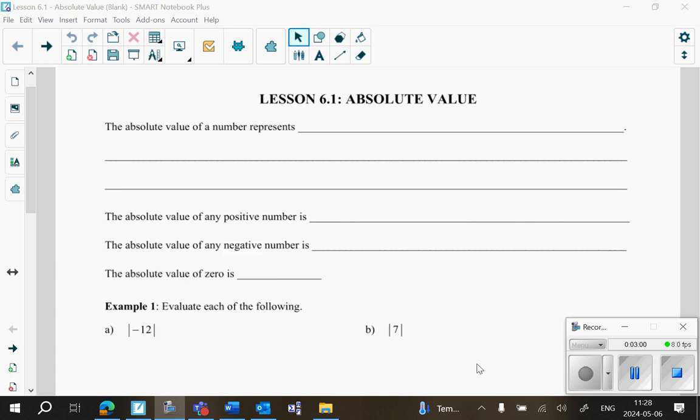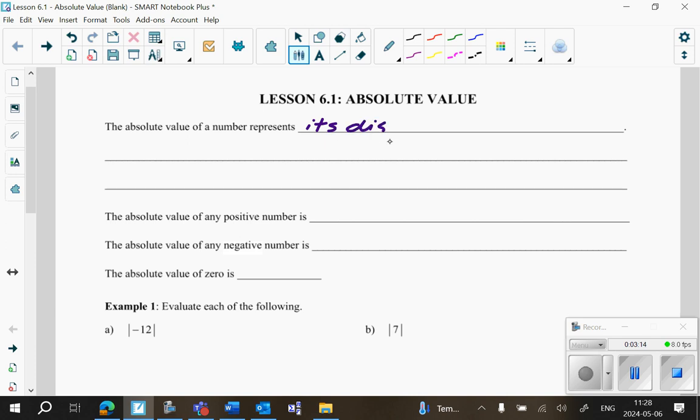So basically an absolute value, all that means is it represents its distance from zero. It's basically turning a negative number into a positive number.